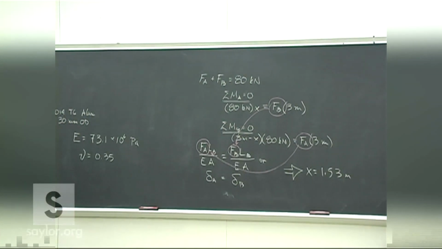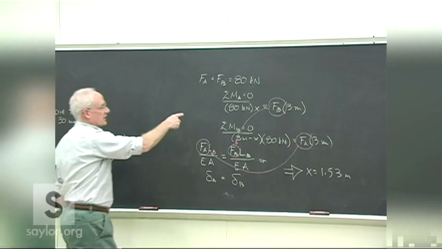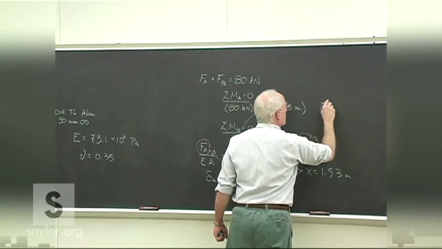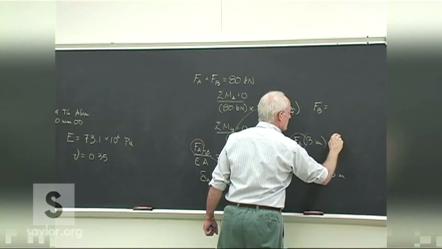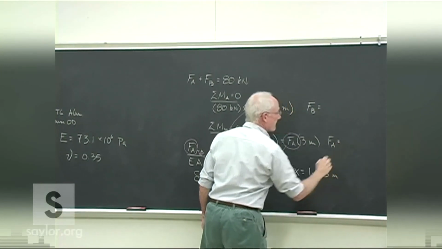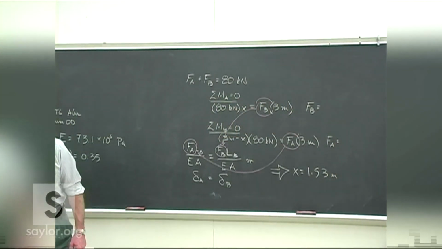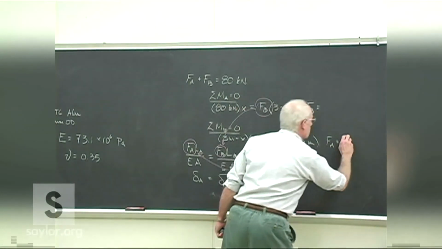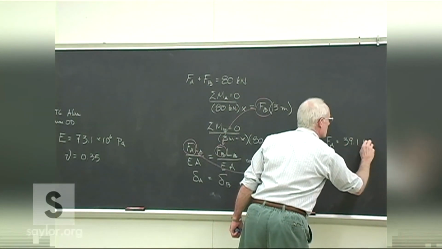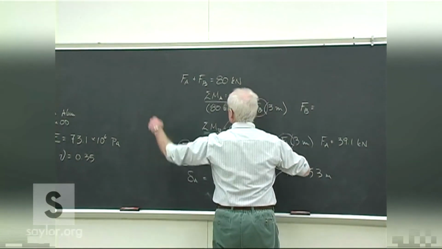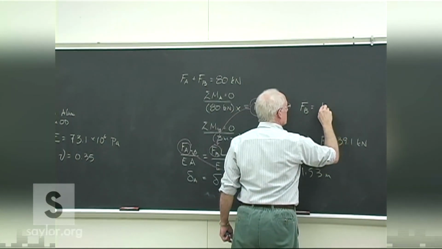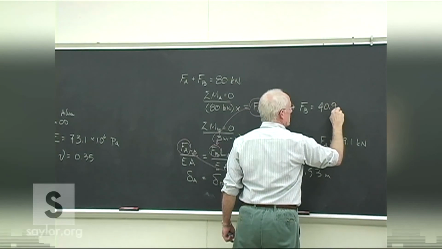Good. Once you've got that, you can go back into these first two equations and get the loads. As 39.1 on A. And then, of course, since the total load is 80, what's that, 40.9?